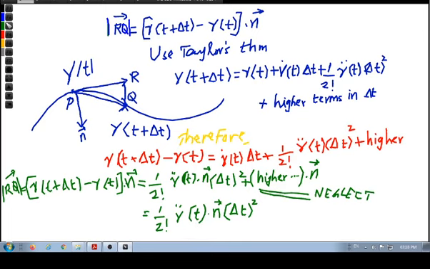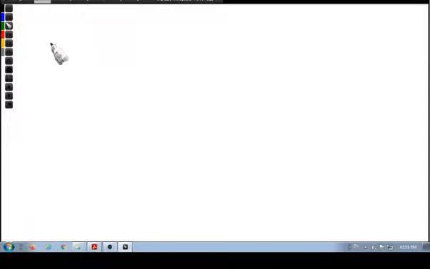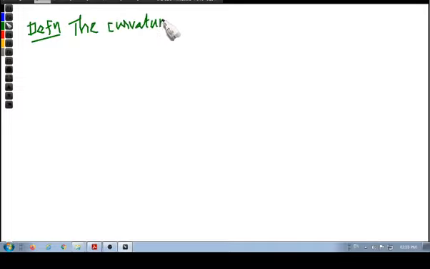Therefore we define for a curve the curvature at a point gamma of t. So definition: the curvature at the point gamma of t. Assume that gamma is a regular curve.